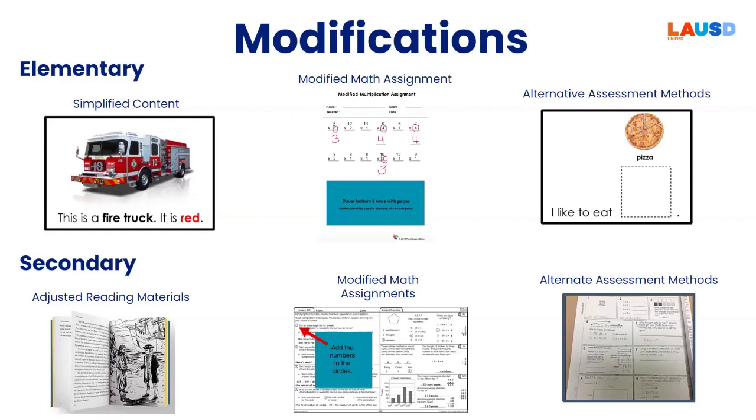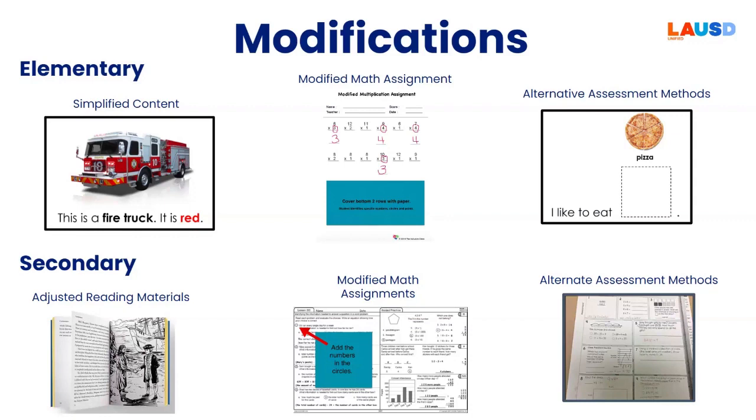It's important to note that most modifications are implemented by the special education teacher or inclusion facilitator. If you have any questions regarding modifications, it's recommended to reach out to the special education teacher and/or the special education administrator for assistance and clarification.